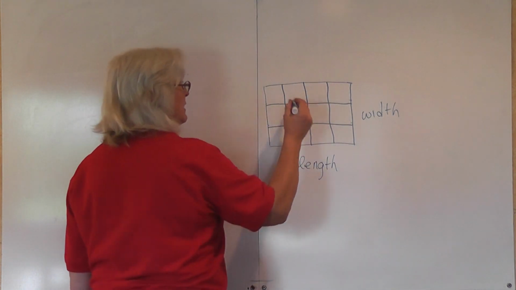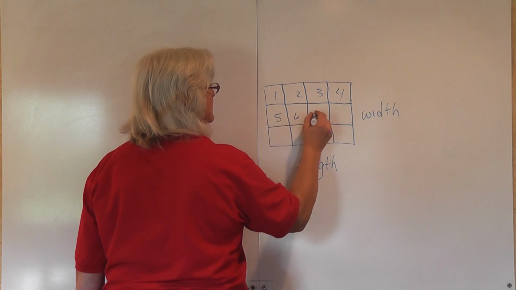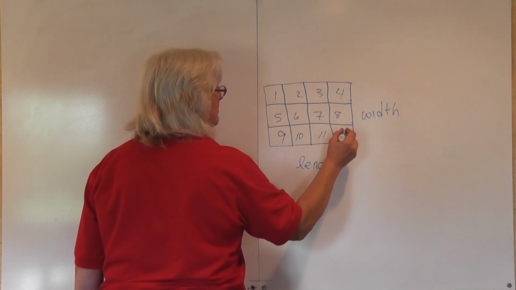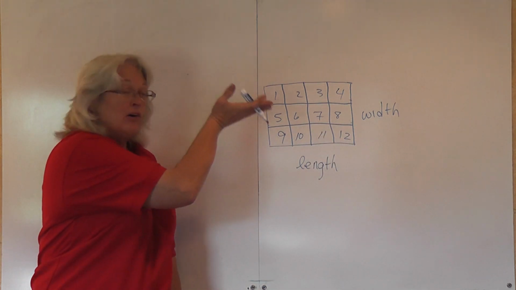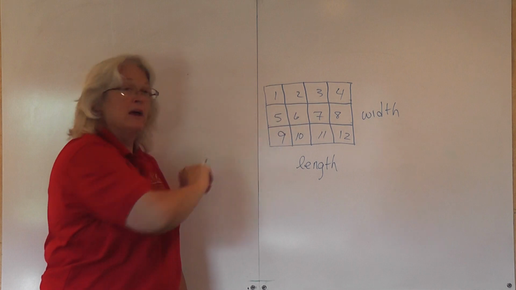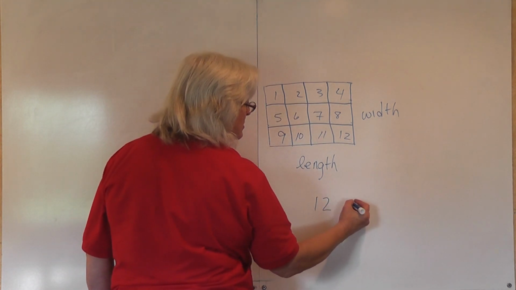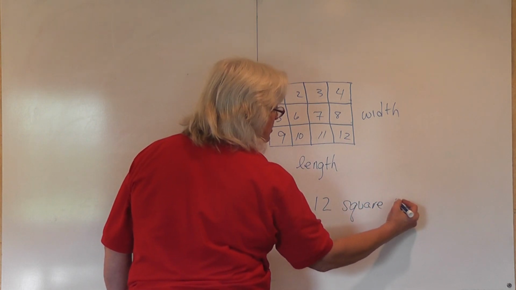How many squares do I have? 1, 2, 3, 4, 5, 6, 7, 8, 9, 10, 11, and 12. So the area of this rectangle here is 12 square, and I'm just going to say units here.